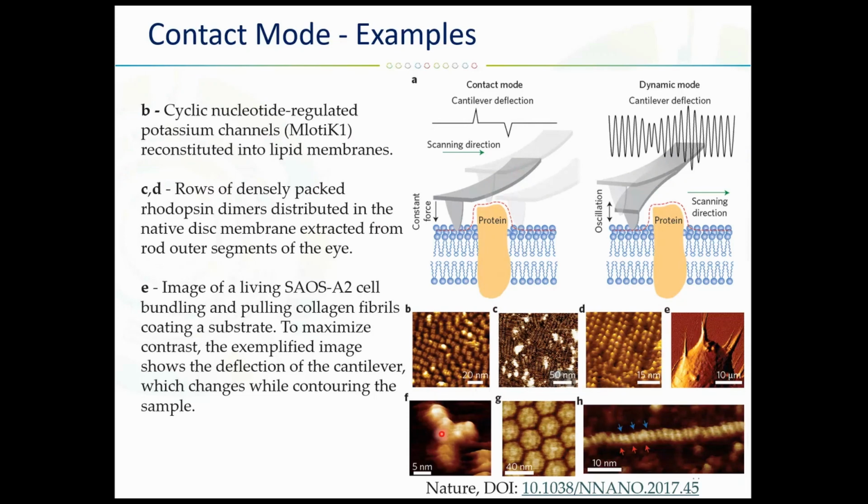And in the bottom row here, F, G, and H, these are dynamic AFM pictures. So the previous pictures were done in contact mode. These ones are in dynamic mode. So when you go for dynamic mode, the resolution is much higher, as you can see here, right? So for example, F, this is the antibody on the surface of the mica, and this is a single protein.